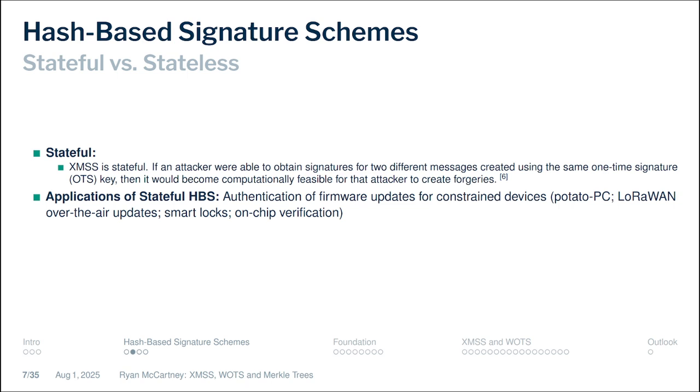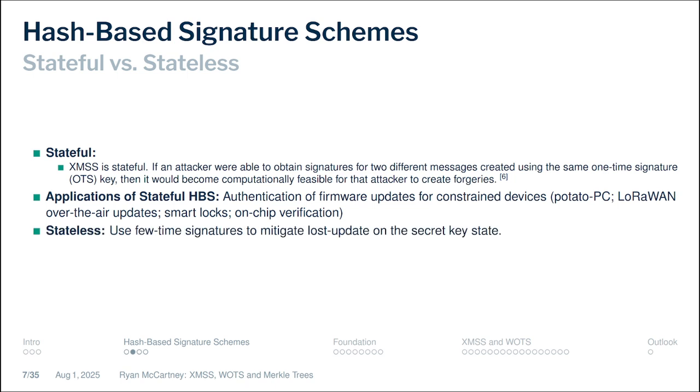And these stateful hash-based signature schemes already have many applications because they are quite fast and use low CPU power, or quite efficient actually, because they can be implemented using special instructions in some CPUs. The use cases are mostly low power PCs, long range wide area network, over the air updates when you have maybe a firmware vendor, smart locks, and on chip verification.